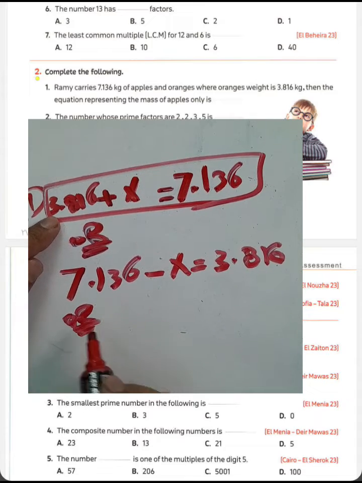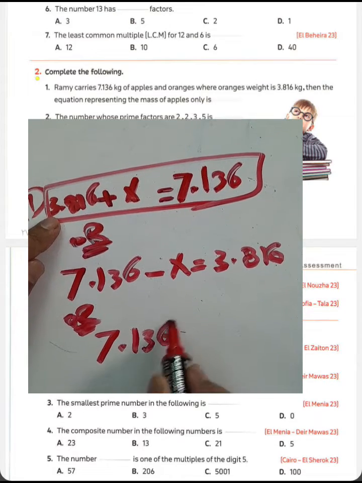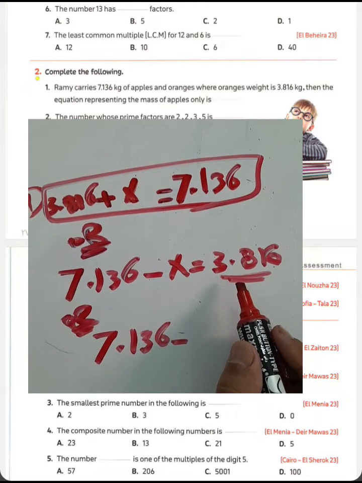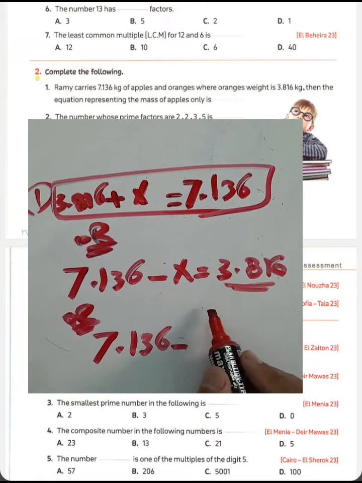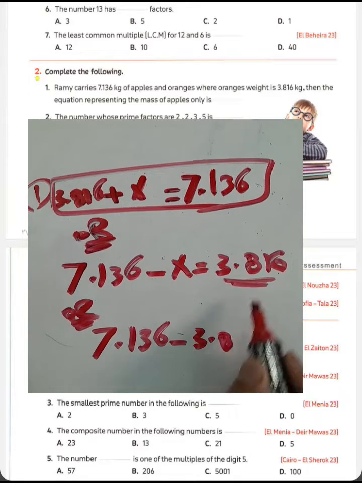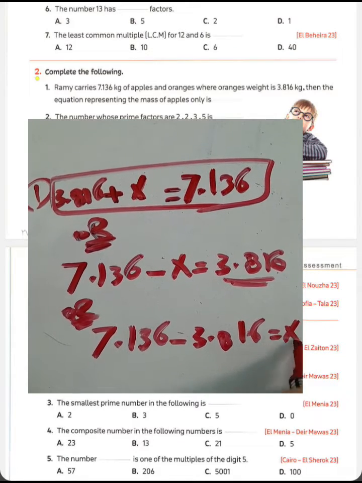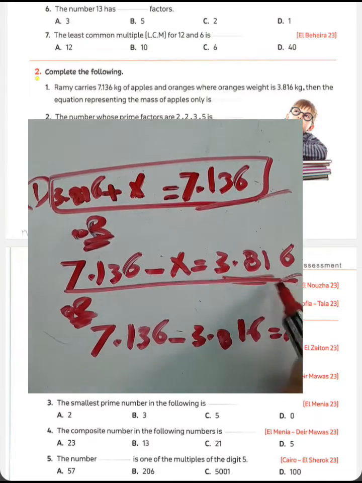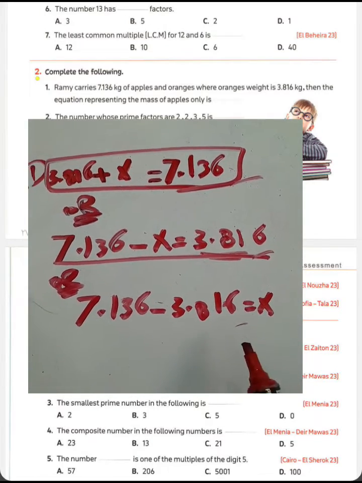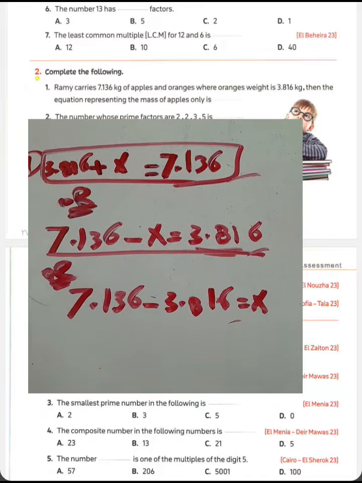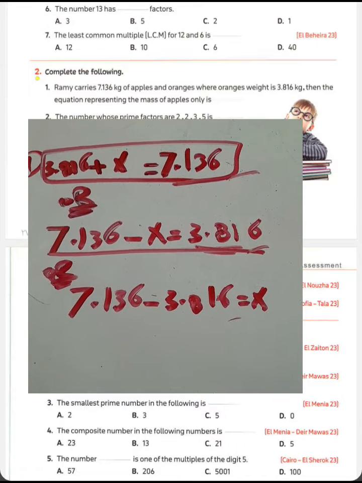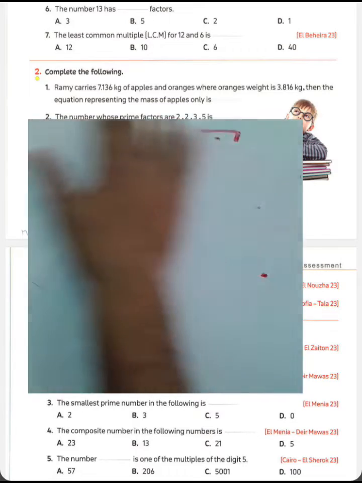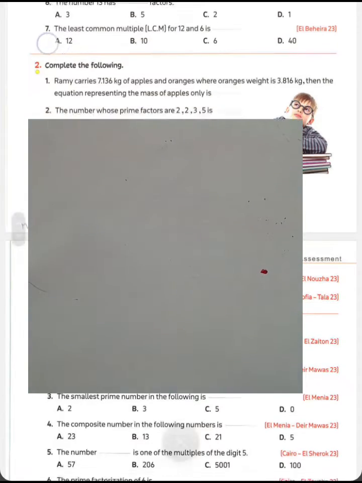Or you can write 7.136 subtract the weight of orange, 3.816, equals x. Okay students, understood? You can solve each one of them. We have 3 questions. About question number 1, write anything you want. Okay, next question.